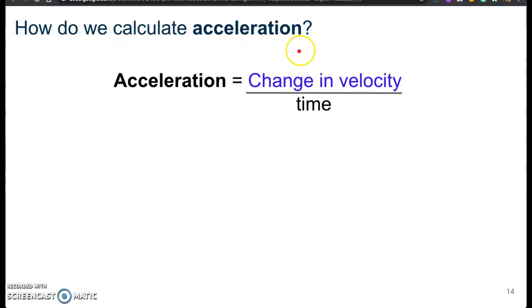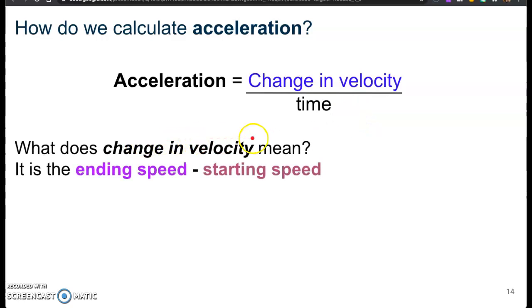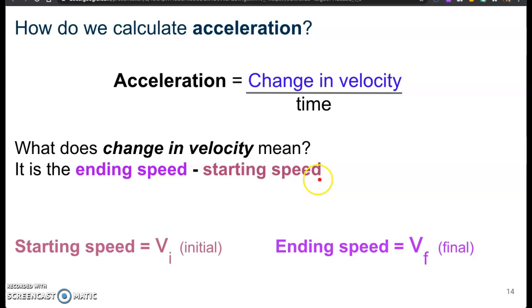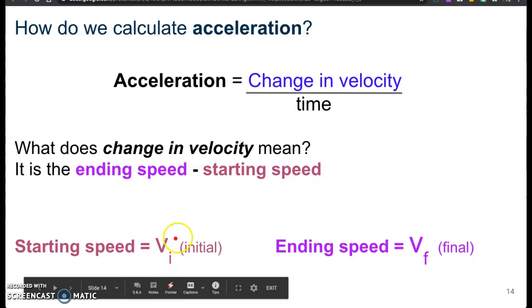So how do we calculate for acceleration? Well, acceleration is change in velocity divided by time. But what does change in velocity mean? Well, that change in velocity is basically your ending speed minus your starting speed. And the way we write that, so you don't have to write the whole two words, you'll see VI and VF.